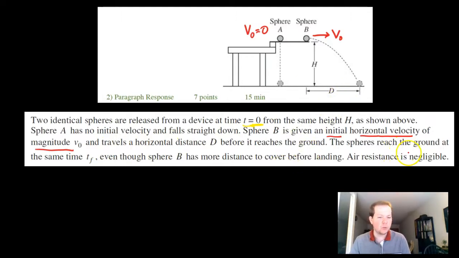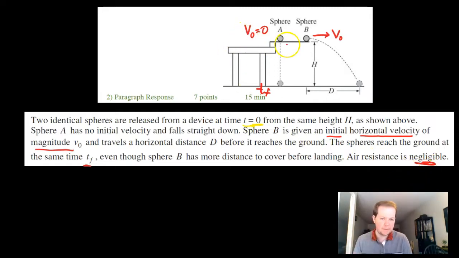The spheres reach the ground at the same time, TF. Kind of weird they're giving me a label for time. Okay, TF, even though sphere B has more distance to cover before landing. Air resistance is negligible. Okay, I don't have to worry about air resistance.